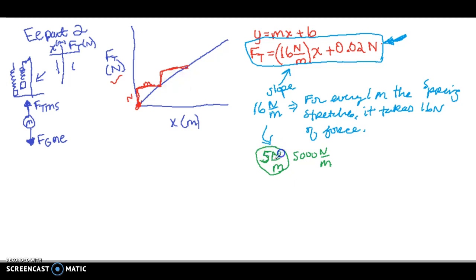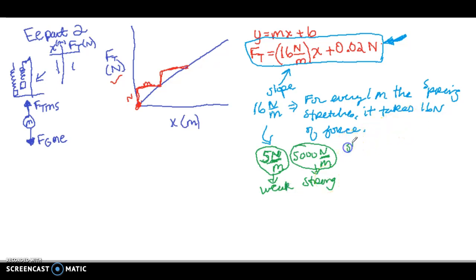You could push that with your hands. It could stretch a whole meter if you pull or push it 5 newtons of force. But this spring would take 5,000 newtons of force to stretch it a meter. So that means that this spring would be very strong. This spring would be very weak.